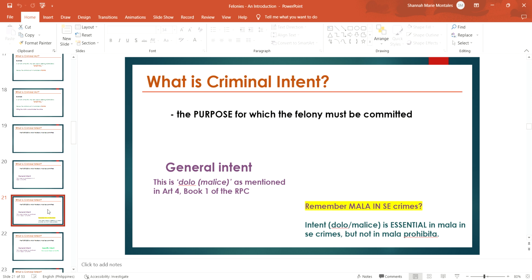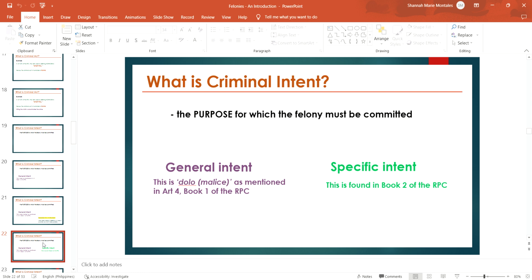Kasi di ba, sinabi natin na ang mala prohibita, as long as that act is punishable by law, then that is a crime. Sa mala-inse, it's actually wrong. It's essentially immoral and wrong, inherently wrong, immoral. Kasi meron siyang criminal intent. And criminal intent or dolo or malice is essential in mala-inse crimes.